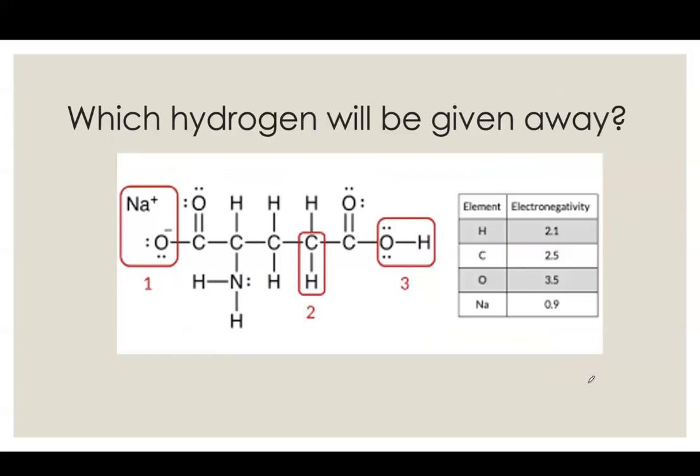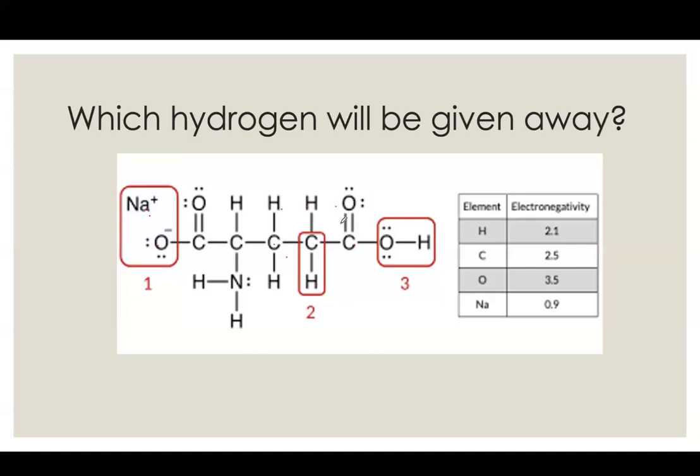Let's look at this example. Which hydrogen would be given away first? In other words, the one that will be given away first is the most acidic hydrogen. You can put it that way. What this question is essentially asking is which side will be more stable after the hydrogen is given away. Let's consider group 1. Group 1 has no hydrogen, so obviously that is not going to be the answer. For group 2, in its proximity, I have two carbons, three hydrogens, and an oxygen.